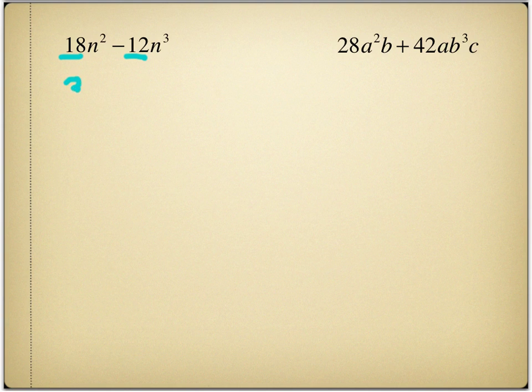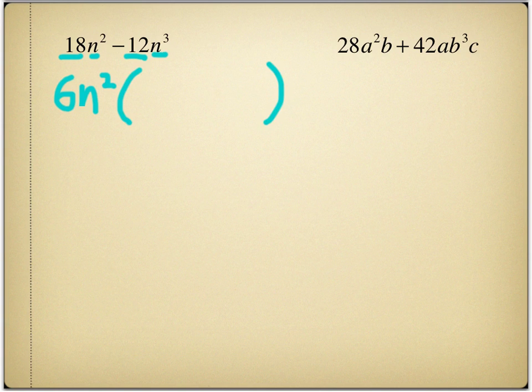So I'm going to pull out, well, how about a 6, come to think of it. Sorry about that. Let's say that 6 is going to be a common factor as far as the numbers go, and look at the n's. One of them has an n squared and another one has an n to the third. What they have in common then has to be n squared. So that's my greatest common factor.